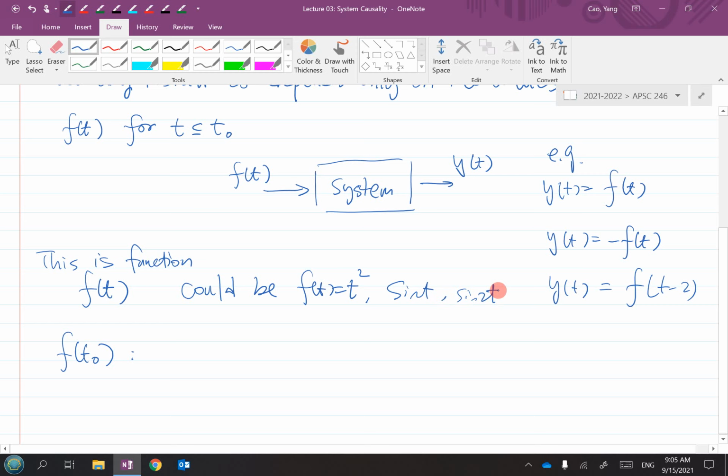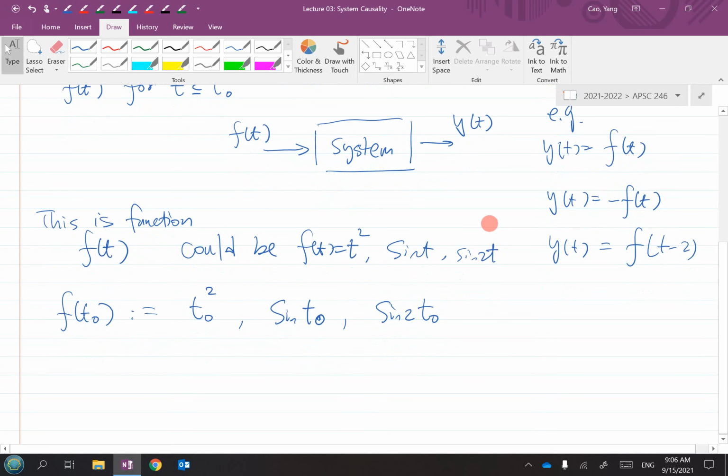When we refer to the function at t naught, you get t naught squared, or sine t naught, or sine 2t naught. Depending on the expression of the function, you end up with the corresponding expression. This is the value: you plug a certain time instant t naught into the function, and you get a value.